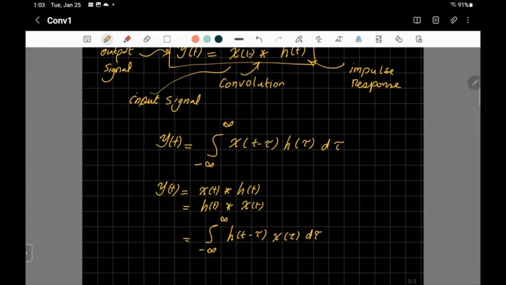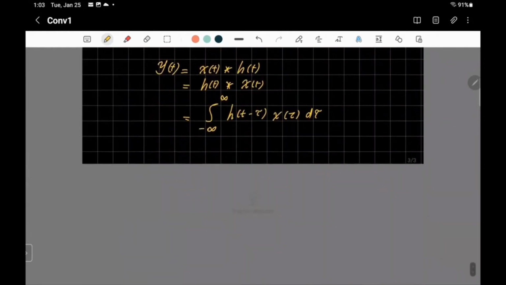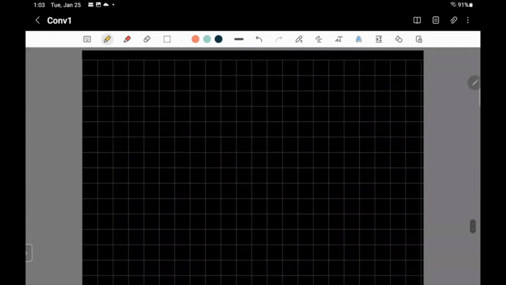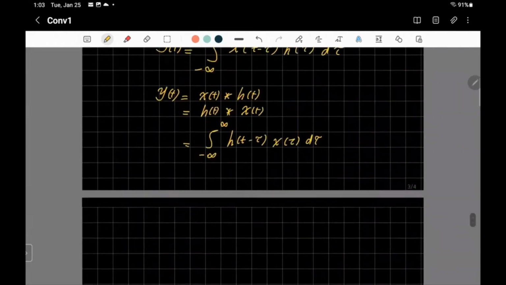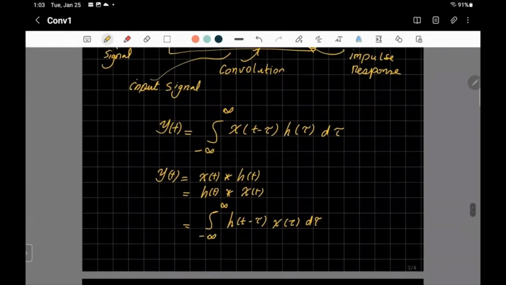To do this integration, I'm not just going to take the functions and substitute. It would be easy to do that, but no, I want you to understand the process graphically. But before I start, I want to check if you still remember from the basic operations on signals how you can sketch something like that.